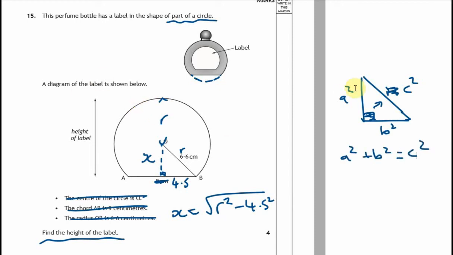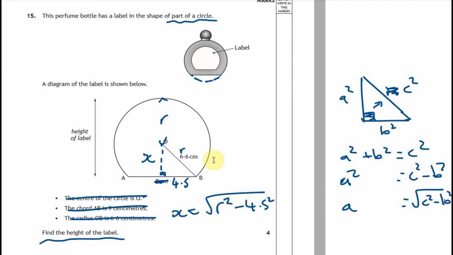The sum of the squares of the two shorter sides equals the square of the longer side. Then you just manipulate that if you want to work out a shorter side. So say I want to work out a, well a squared is equal to c squared minus b squared. So then a is equal to the square root of c squared minus b squared. That's all I've done here.